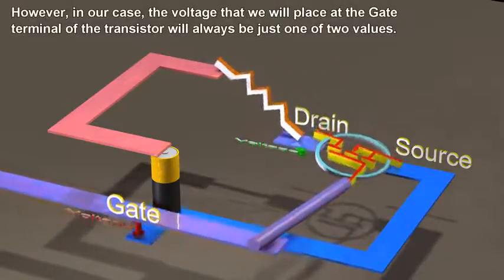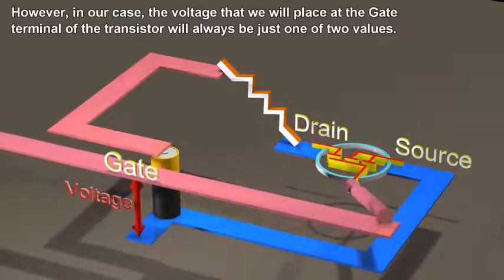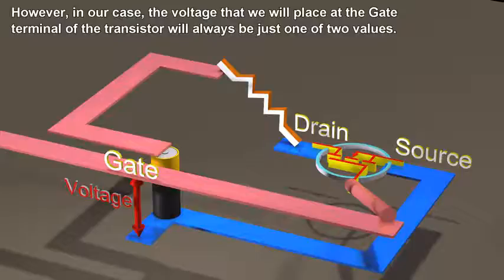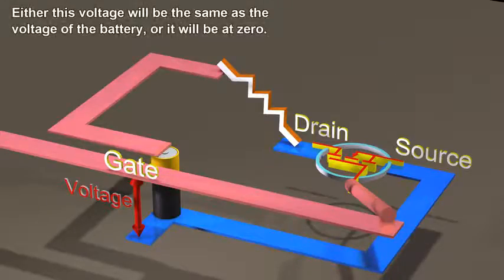However, in our case, the voltage that we will place at the gate terminal of the transistor will always be just one of 2 values. Either this voltage will be the same as the voltage of the battery, or it will be at 0.